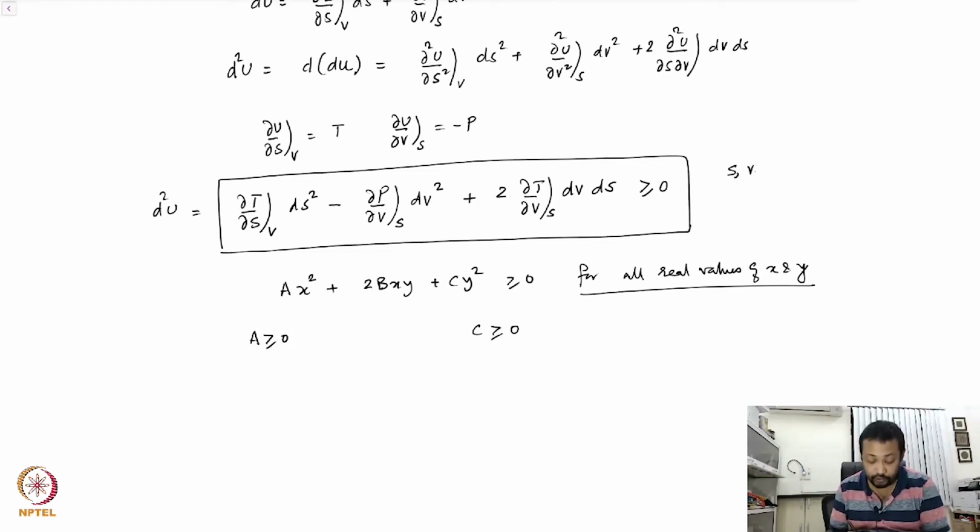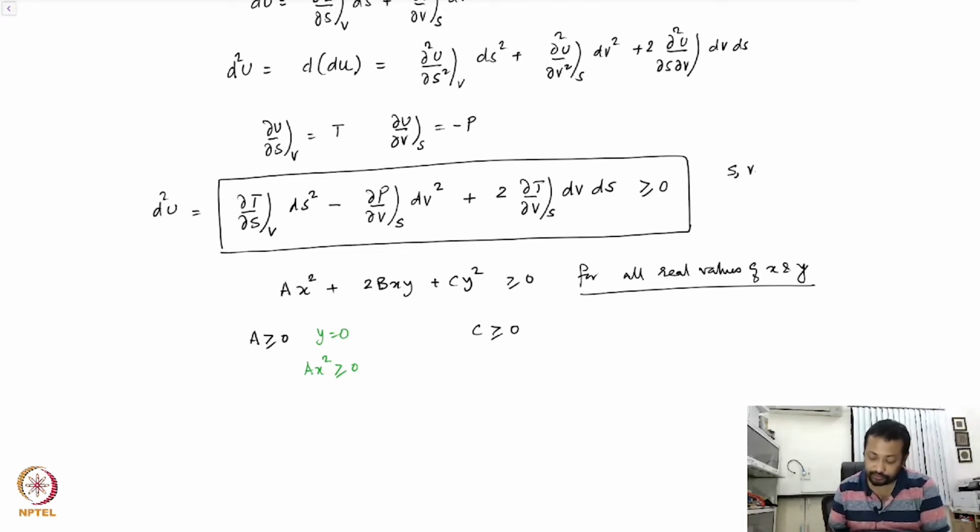Why? Because I can choose y equal to 0, and that means the inequality now will take the form a x square is greater than 0. Since x is being squared, it's always positive, therefore it also means that a has to be positive.